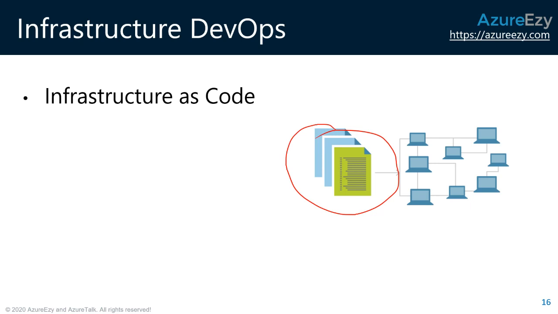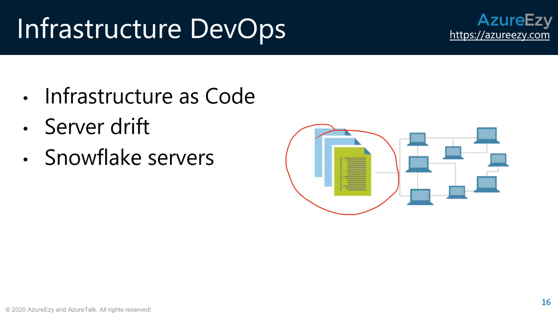And that's what we call infrastructure as code. Why did this come, why did this particular discussion start? It's not that someone just wants to practice the application development way of doing changes. It was because of something called server drift and snowflake servers.